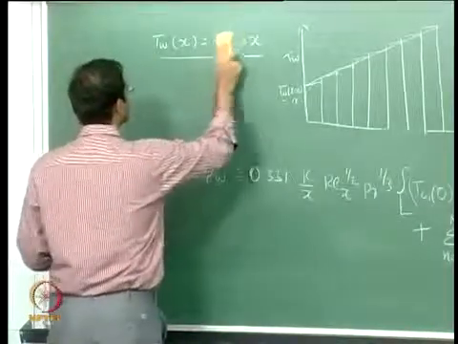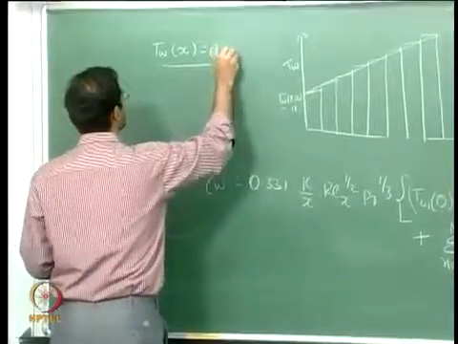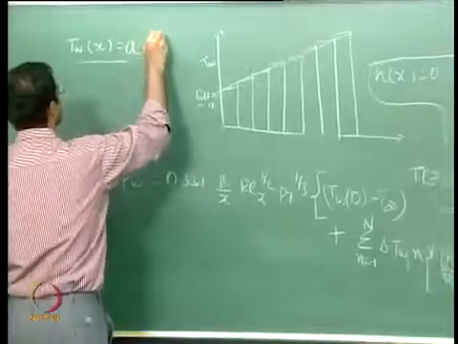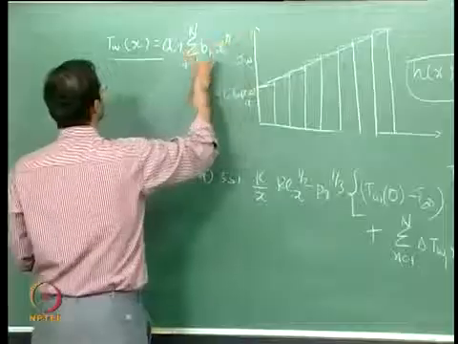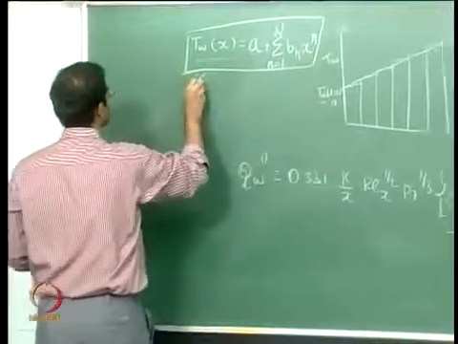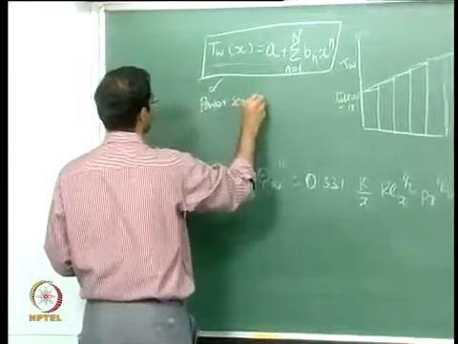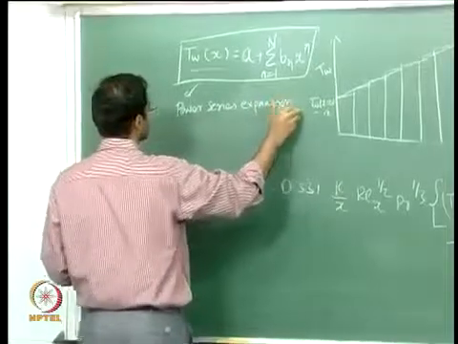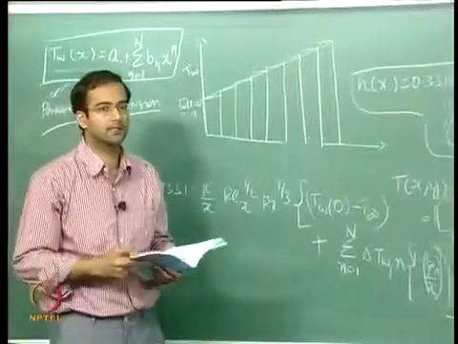So instead of using an A plus Bx relationship, we can write this as A plus summation n equal to 1 to capital N, B n x power n. Okay, so this is a power series expansion, which can be used to approximate more complicated profiles.